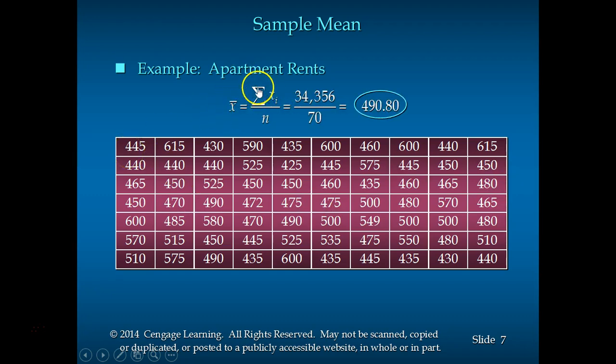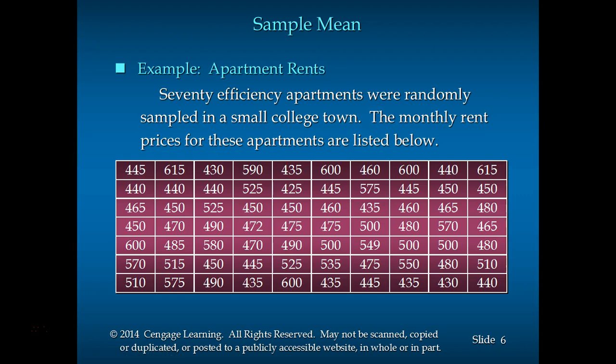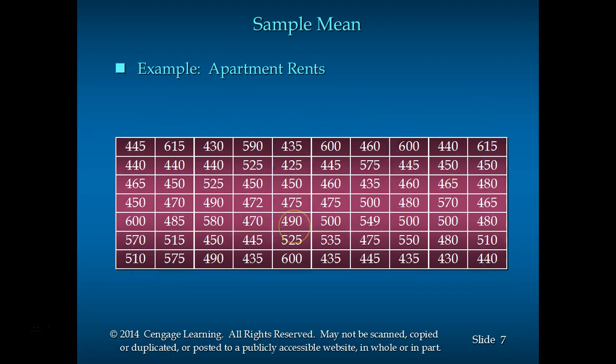So I sum up all of the apartment rents, just visually. How much do you think the rent is? I would guess a good measure of central location. I'm seeing numbers mostly in the 400s, a few in the 500s, and a few in the 600s.